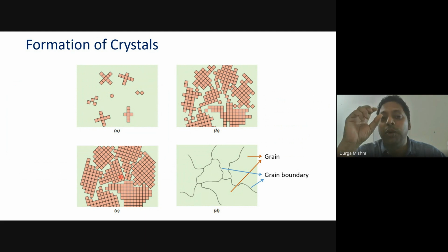So if you want to grow a single crystal, you have to grow from one single nucleus. That is also possible. It is a very sophisticated way to do that. One way to do it is to cool down, or when you are condensing, you condense it really very slowly, not really fast.